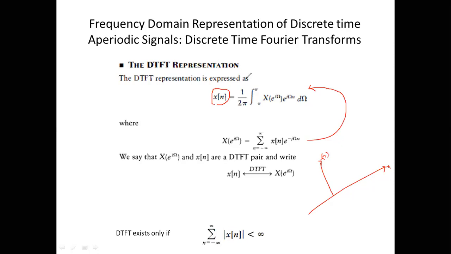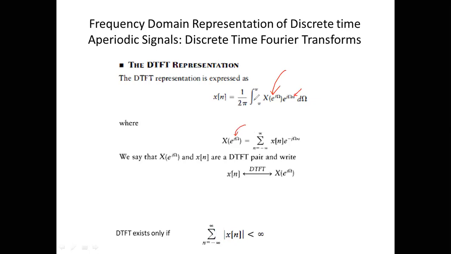Here we are trying to represent x of n in terms of these coefficients, X e to the power j omega, multiplied by e to the power j omega n. You can see n is a variable here: j omega into 1, j omega into 2, j omega into 3, and so on. So it is with respect to the fundamental frequency omega and its harmonics.